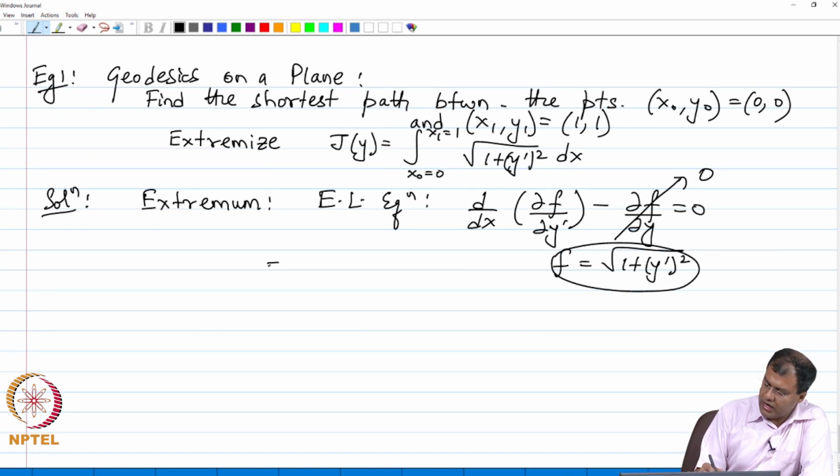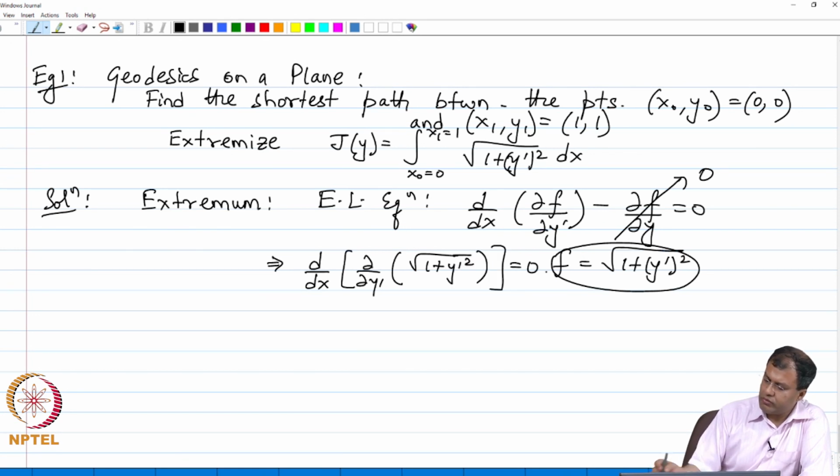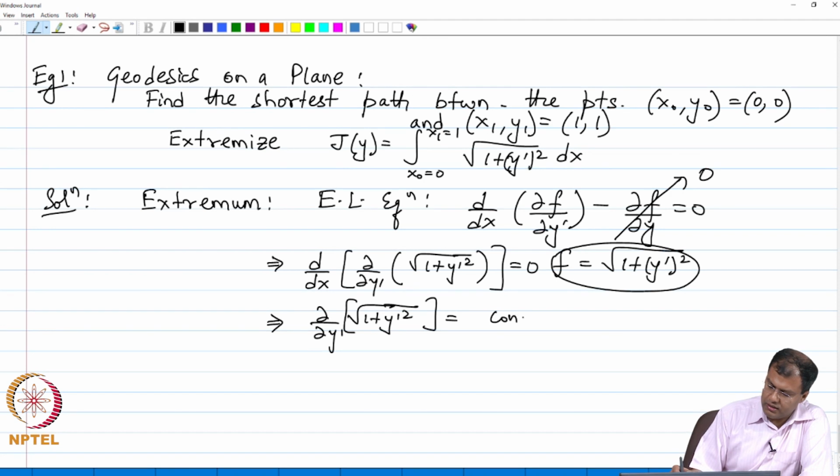So, now my Euler-Lagrange equation reduces to d dx of del del y prime of square root of 1 plus y prime square, and this is set equal to 0. If we integrate this expression with respect to x, what we get is del del y prime of the square root of 1 plus y prime square is equal to a constant.